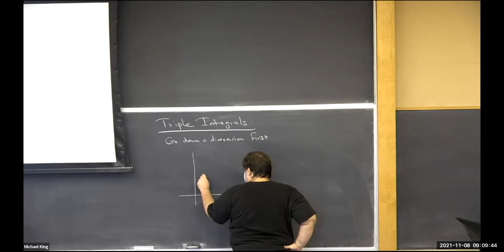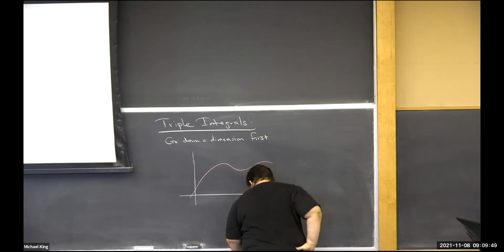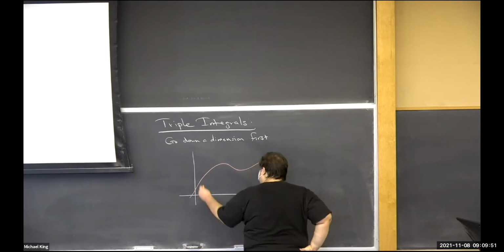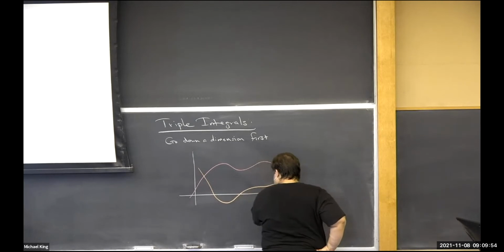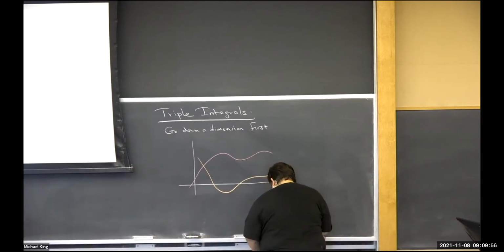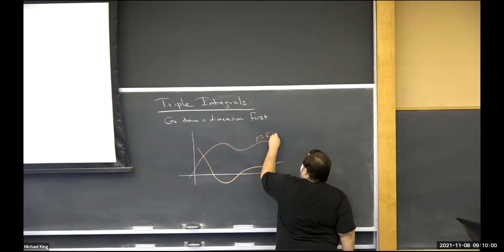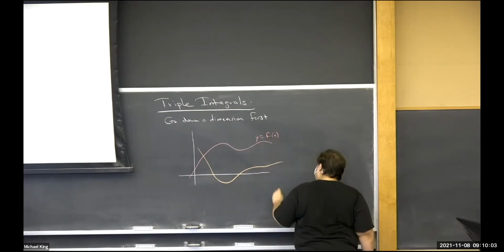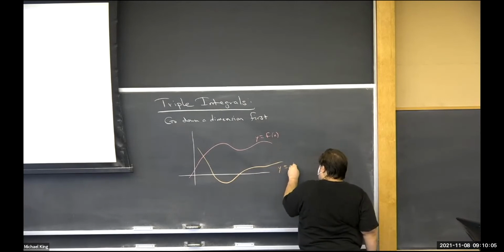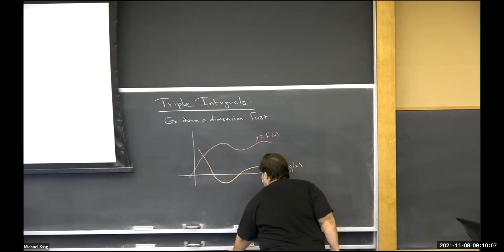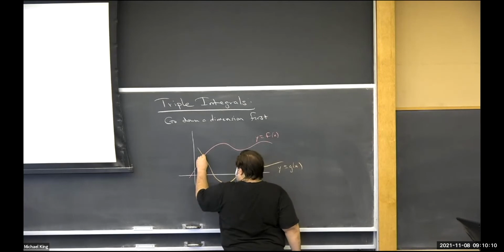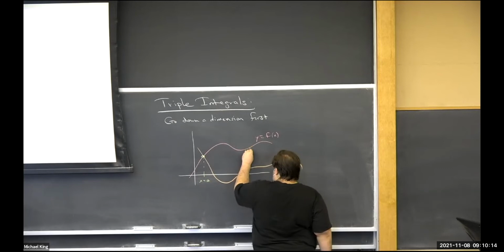Let me just give some examples. So say we have something like that, and then another function like that. Let's say this is y equals f of x, and this is y equals g of x. And we want to integrate from x equals a, let's just pick a point over here, to x equals b.